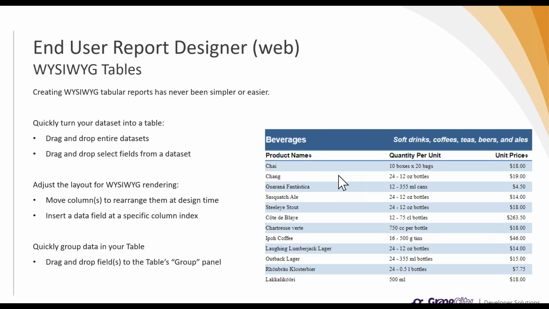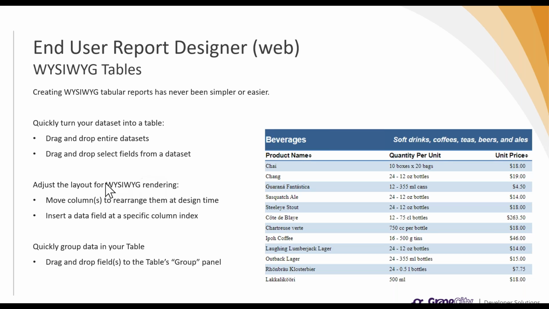You can add a specific data field to a specific index within the table. So if you wanted to, for example, add units in stock in the second index here, the second location, you would just drag that data field from your data set and drop it in that location.